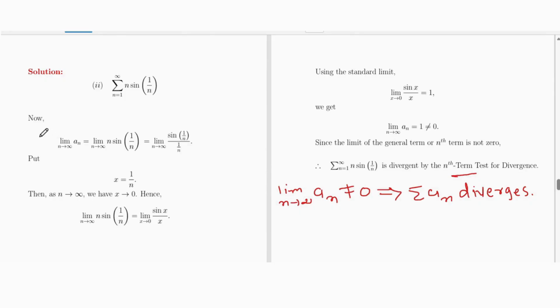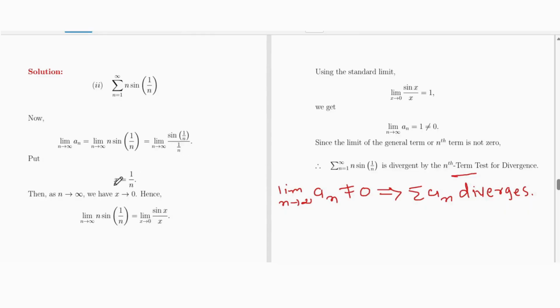So first of all, as per this definition, take limit n tends to infinity an. An is equal to n sine 1 upon n. Now limit n tends to infinity, n shifts to the denominator, so it becomes 1 upon n. So the next term is limit n tends to infinity sine 1 upon n upon 1 upon n.